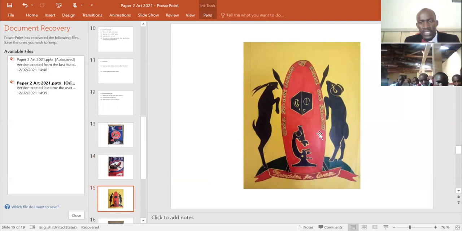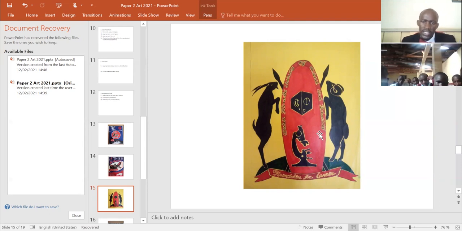talks about creating a badge. If you look at that particular illustration, we can say that the candidate has achieved it by capturing the elements and the aspects of a badge.